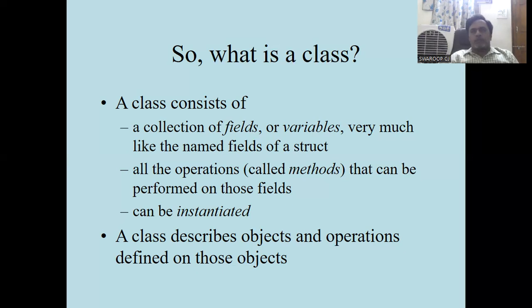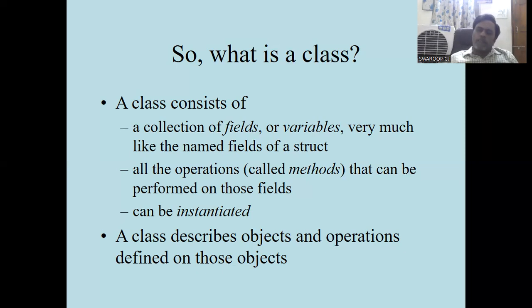For example, take the variable int a. What does it mean? a is a variable of type integer. What will it do? It stores an integer value. The same way, if you say Student s, what does it mean? s is an object of the Student class.